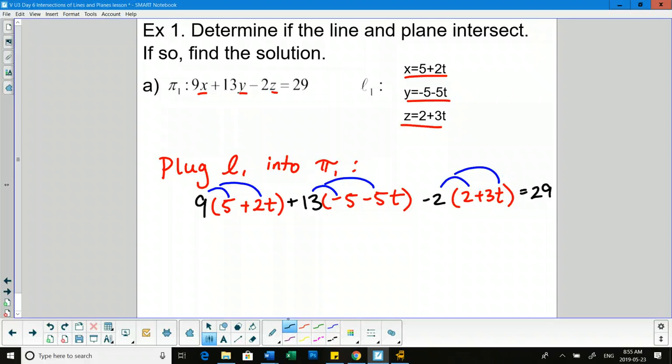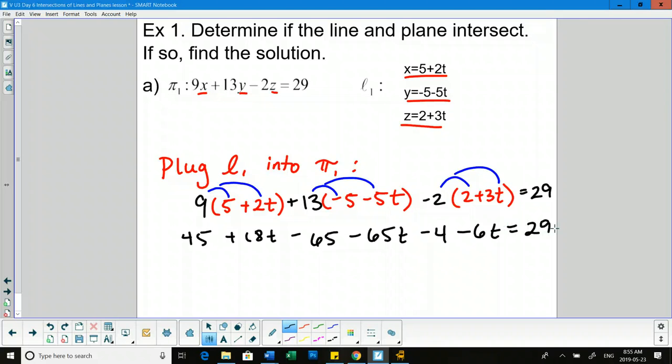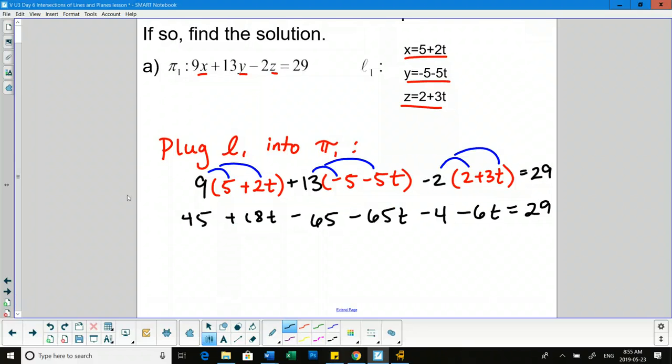So we're just going to do a little bit of distribution here. Expand and simplify. What's that, 65? Okay, and then when we gather things all together, I'm also going to move this 29.